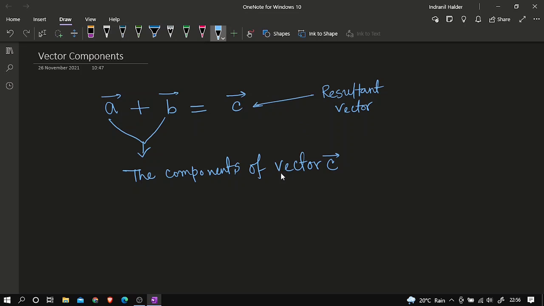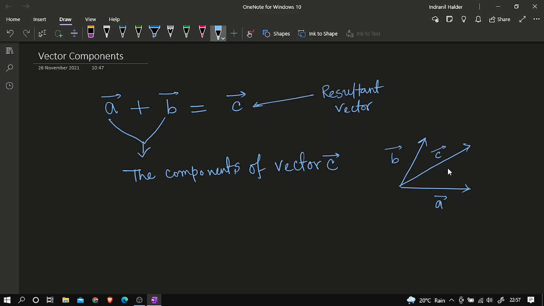So are these the only components of the vector C? No, it is not, because if I have vector A in this way and vector B in this way, we will get the vector C almost in that direction. It is not a 100% accurate representation, but this is close to reality. Okay, so this is the thing.